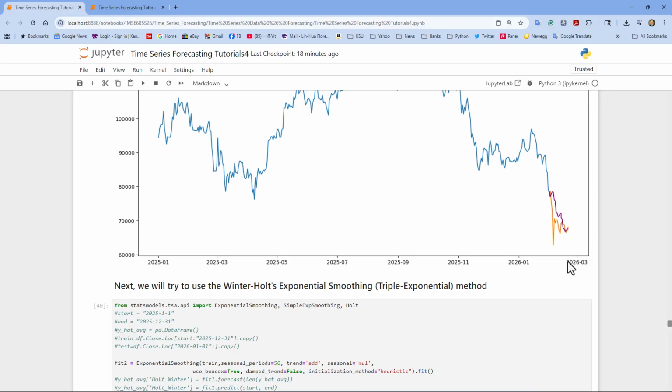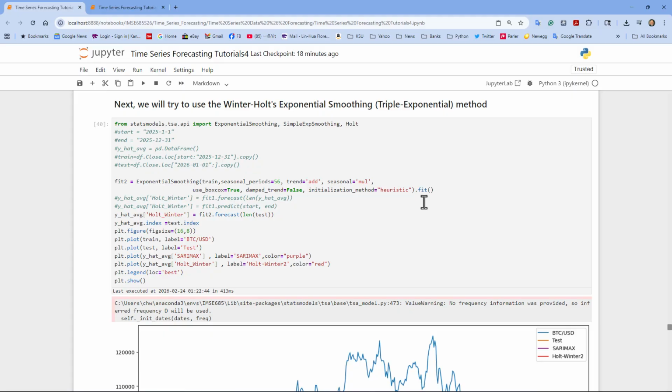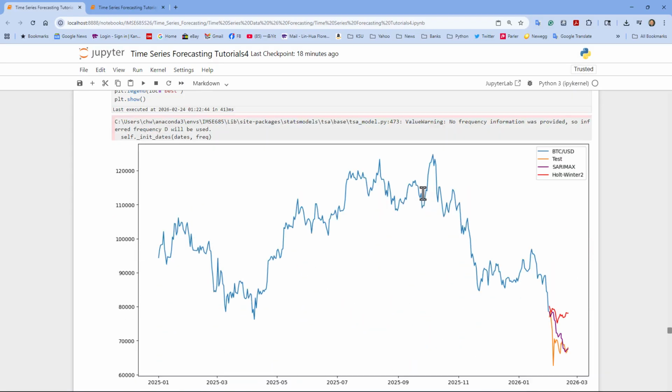Okay. Let's see. I know for the previous example, the Jet Rails example, the Holt-Winters method also works pretty well. Let's see if that works. So I'm going to use the Holt-Winters method to do it again.